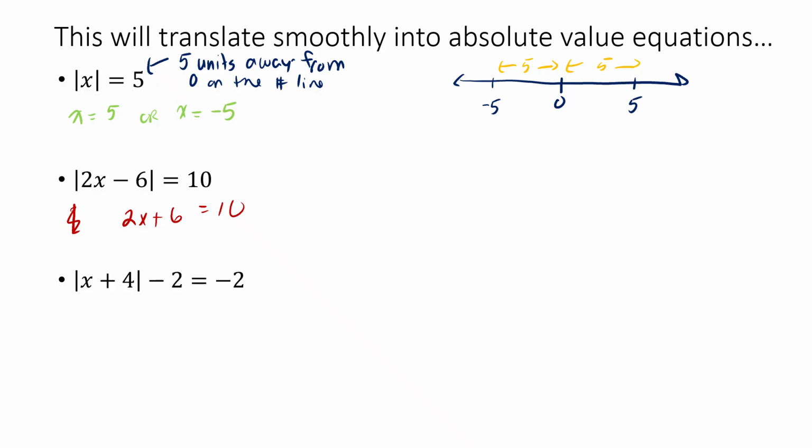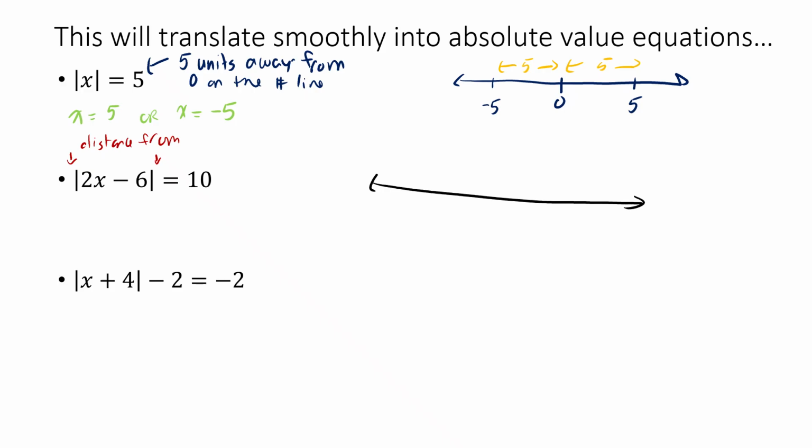So let's take a look at what it does when we define this using the number line. In this case, we are saying the distance from 0, because that's what the absolute value means, is 10.